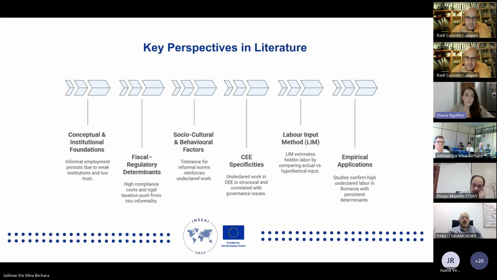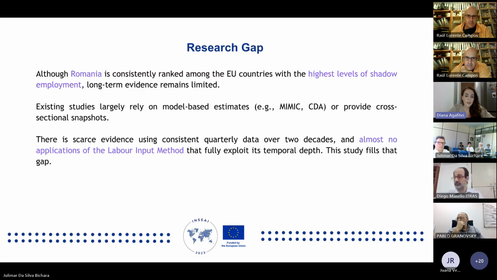This is quite a transparent and straightforward method, and because of that it has been used by different EU institutions in order to adjust different national accounts indicators. And finally, the literature at the level of Romania confirms that Romania has one of the highest levels of informal employment in Europe.